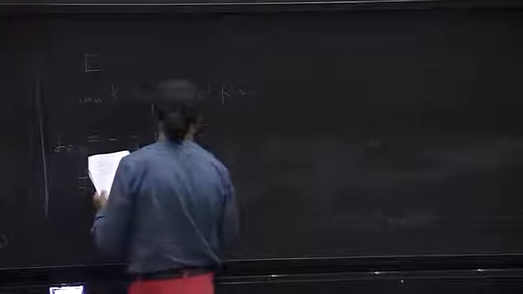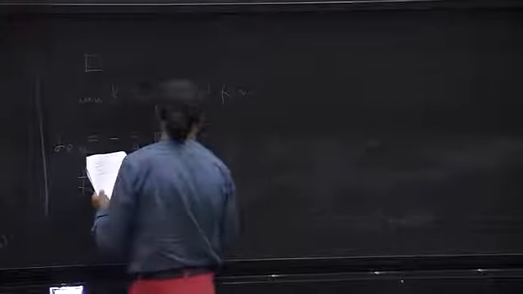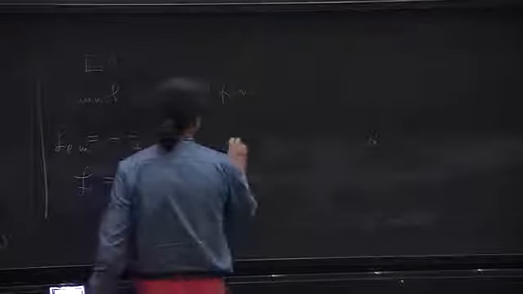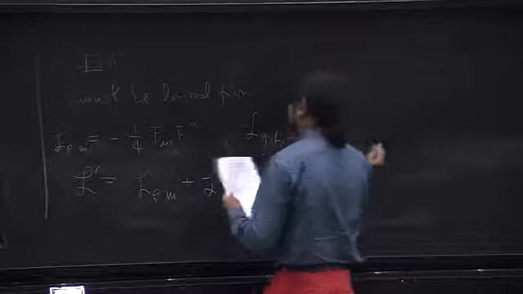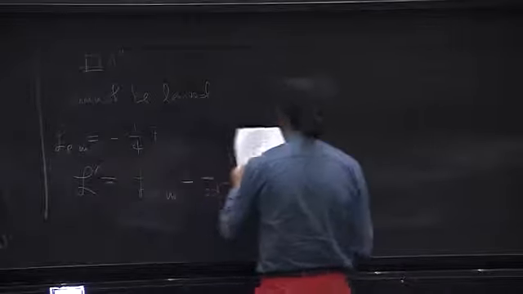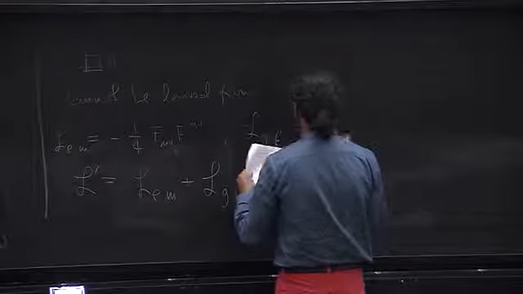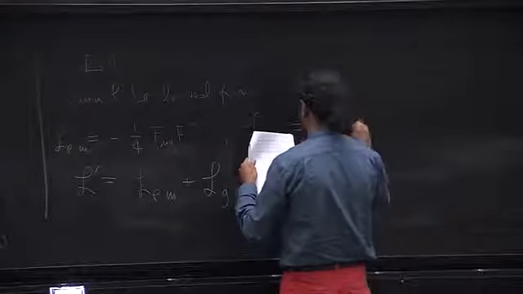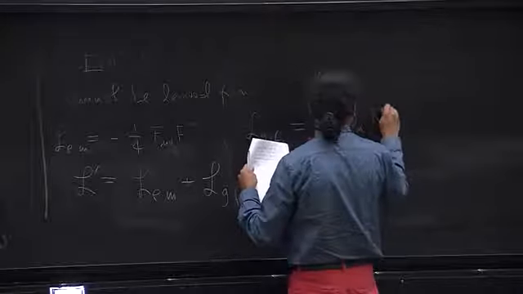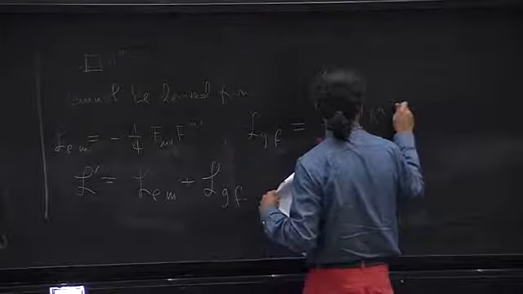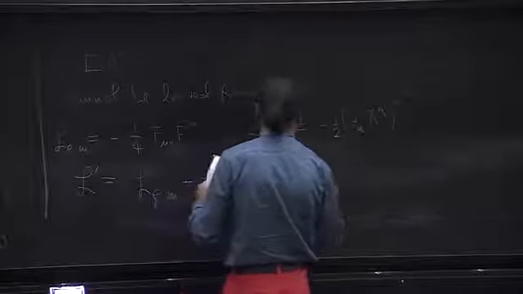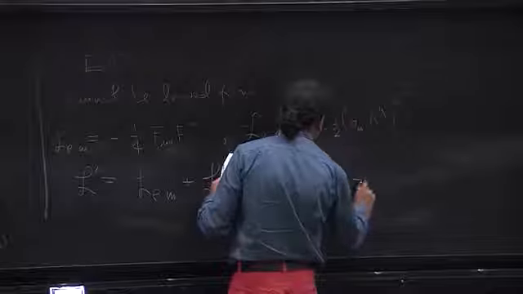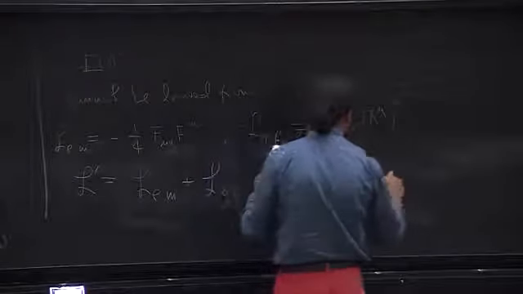We add a term which explicitly breaks the gauge symmetry, and this Lagrangian is called gauge fixing, and we are going to choose this in such a way that we get this as our equation of motion, and it has this form. So if you add these two guys together, up to some total derivative terms, you get this.